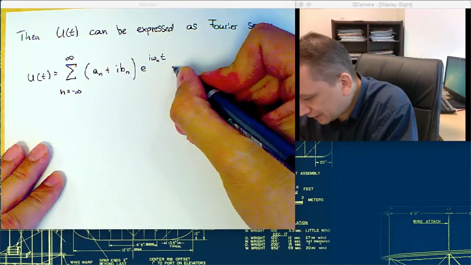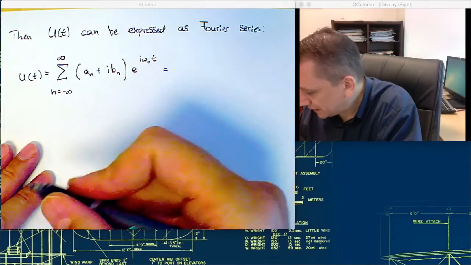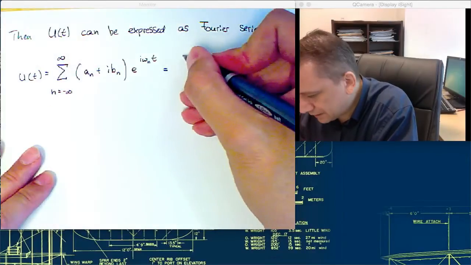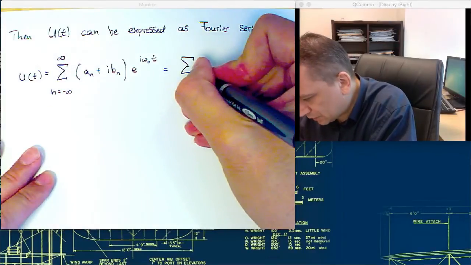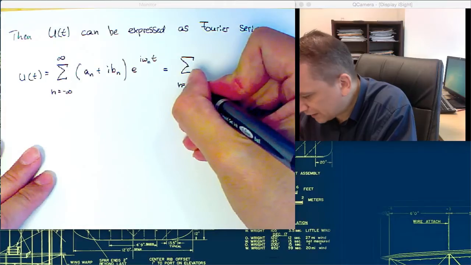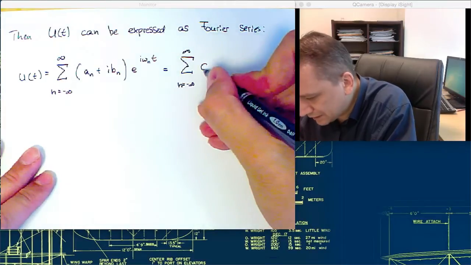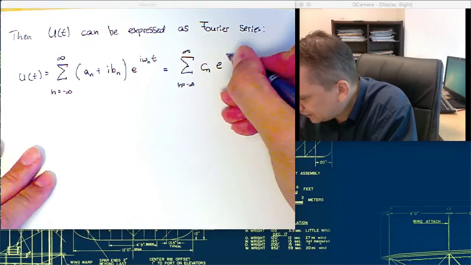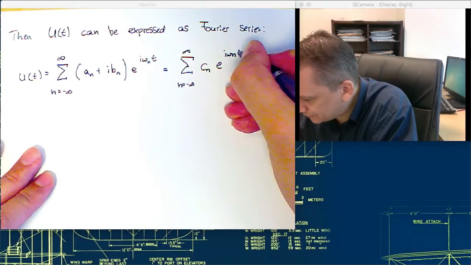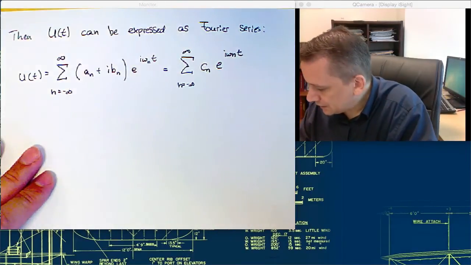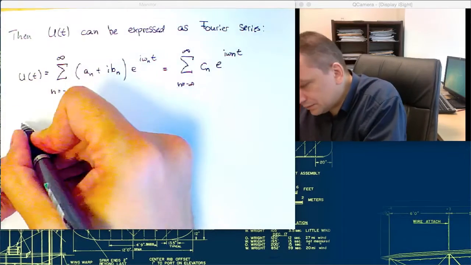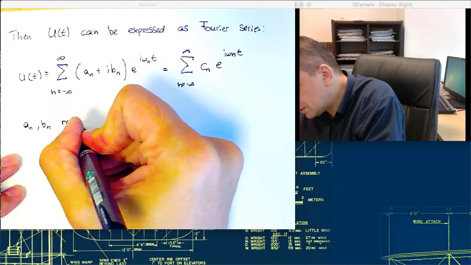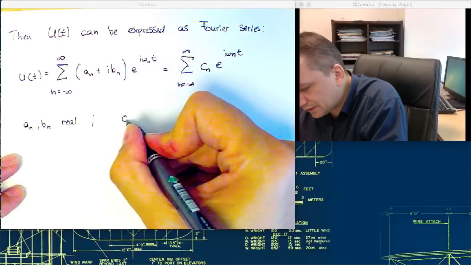First of all, we can also rewrite this one here as the following. The sum of n equal minus infinity to plus infinity Cn, so Cn is now a complex number, e to the power i omega n t. And here, an and bn are real numbers, and Cn is a complex number.